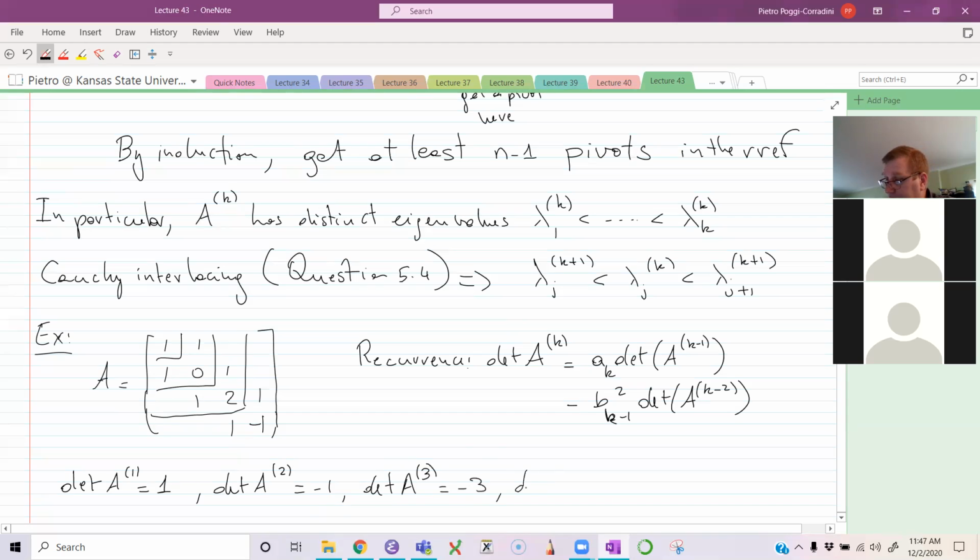Maybe I'll use the recurrence for the 4th one. Okay, so I need to take a_k, which is -1, times the previous determinant, which is -3, minus b_{k-1} squared, that's 1 squared, times the determinant of A2, which is -1, so +1.